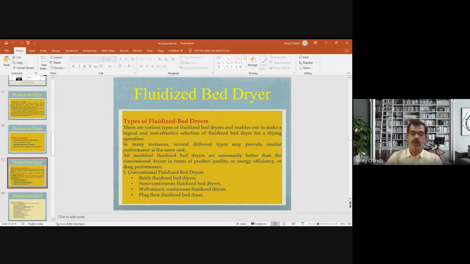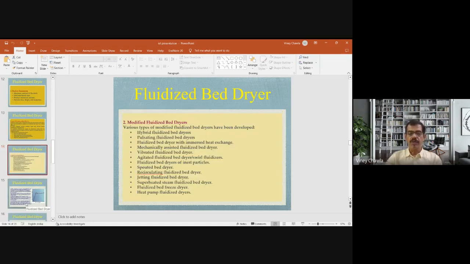That also dictates our choice of the fluidized bed dryer. Some of the modified fluidized bed dryers are listed here. These are hybrid fluidized bed dryers, pulsating fluidized bed dryers, fluidized bed dryer with immersed heat exchange, mechanically assisted.